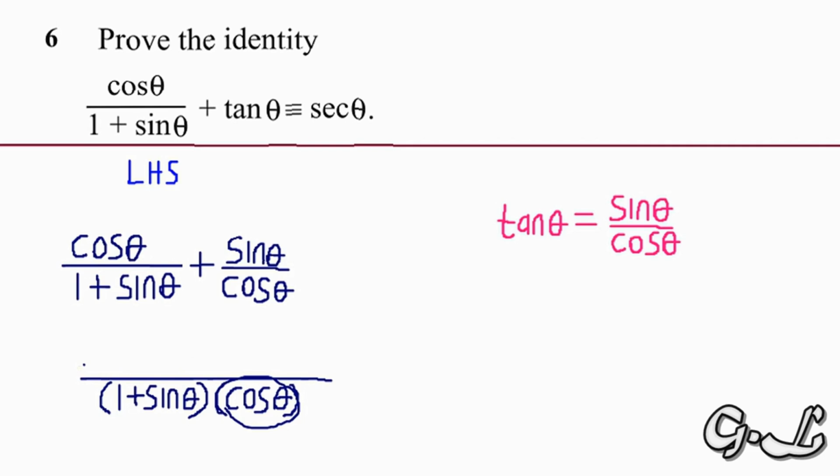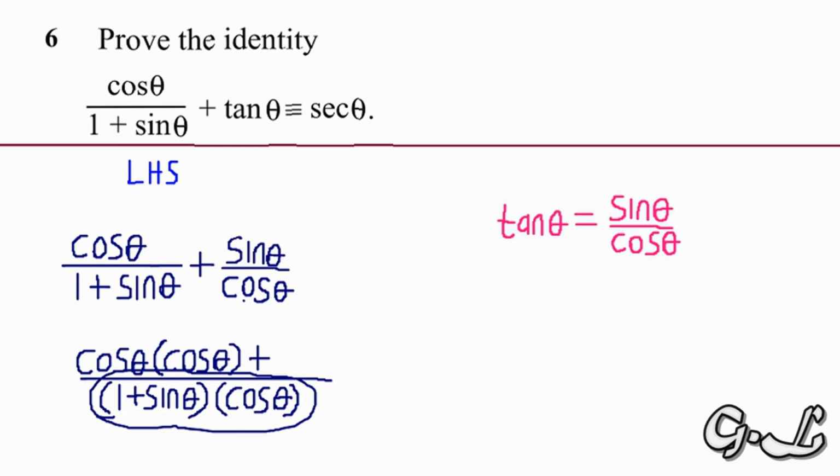So after you remain with cos theta, you have to multiply that with the numerator. So it is going to be cos theta, open brackets, cos theta. And then again, we're going to do the same thing. We're going to divide the common denominator by the denominator that we have in the second fraction.